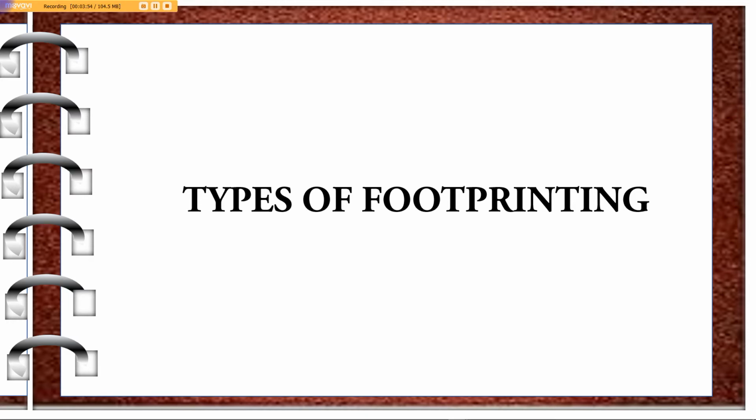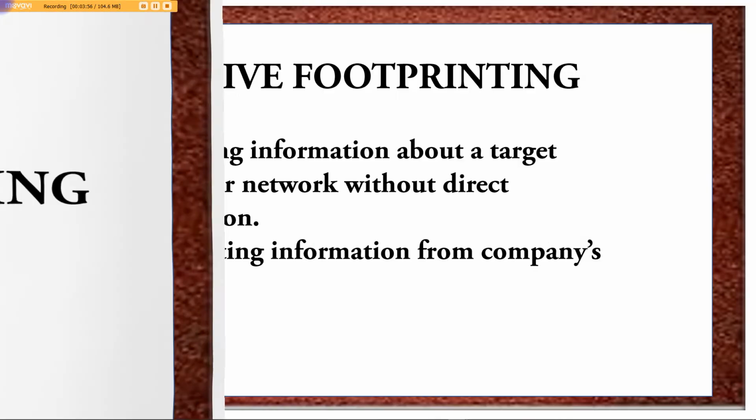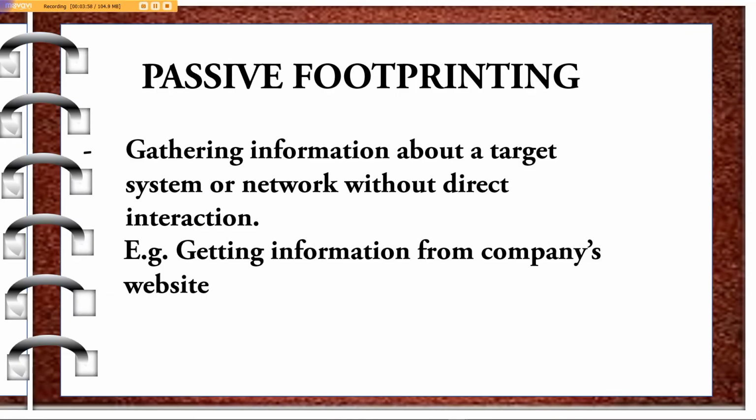Now, types of footprinting. We have passive footprinting, which is the first type. What is passive footprinting? It is gathering information about a target system or network without direct interaction, without direct access into those systems or networks.